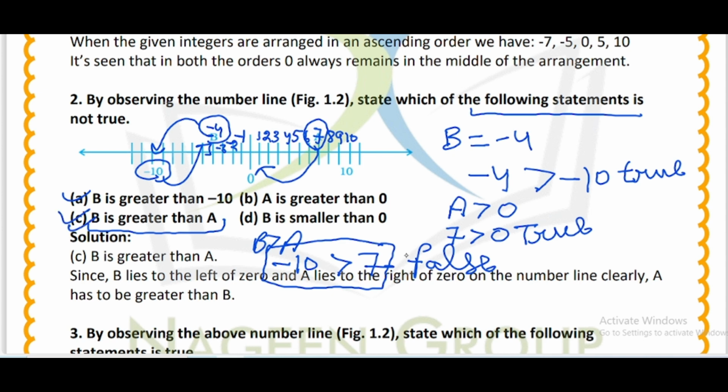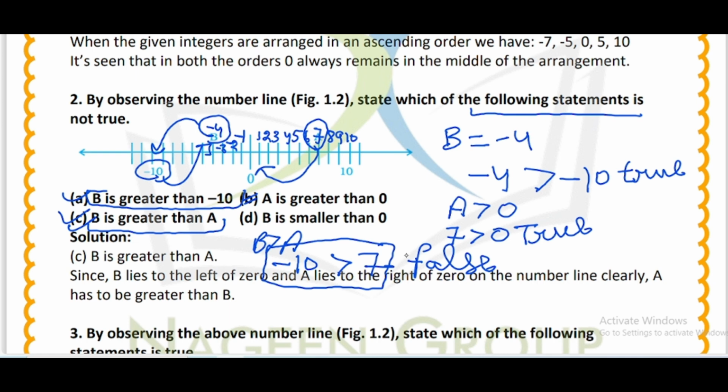Let's see how we solve. First we find out the value of A and B. Then we compare B to -10. Then B is greater than -10. That is true. Then part B, A is greater than 0. Then the value of A is 7, and 7 is also greater than 0.